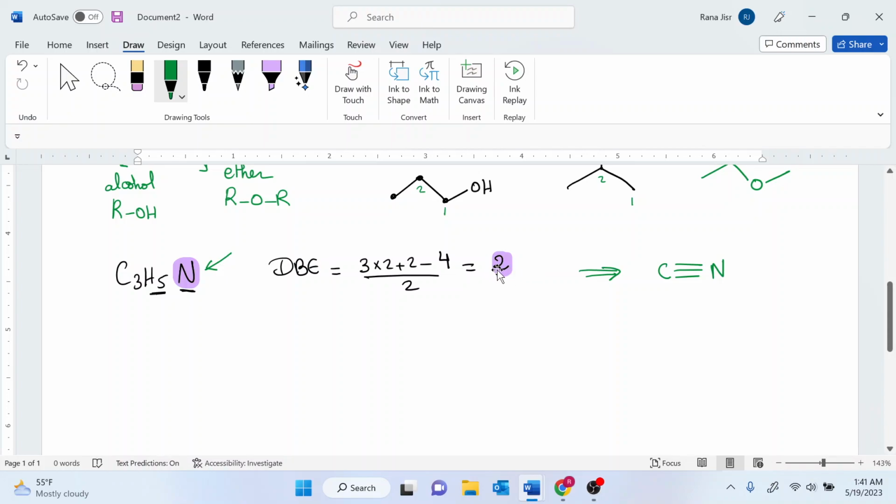The structure will not be stable. So this is why you will end up having a triple bond instead. So let's go ahead and draw the structure. Since I have a nitrogen in there, I can have either a C triple bond N, or I can have an amine. And the only amine that I can have with a triple bond is going to be the NH2.